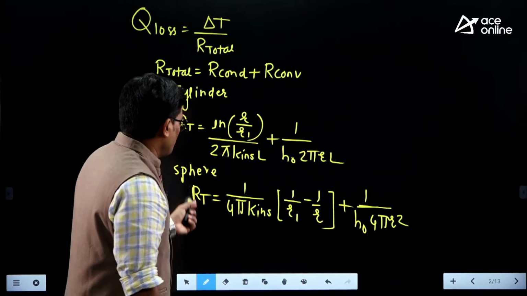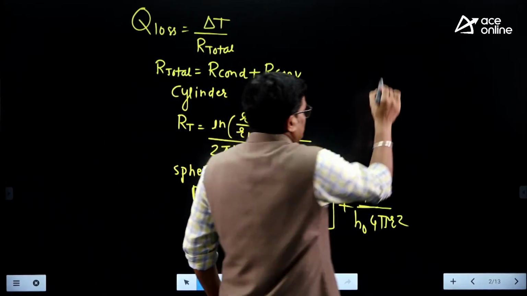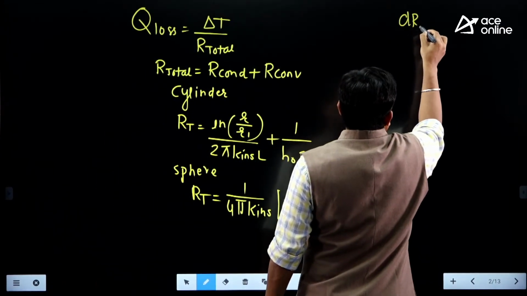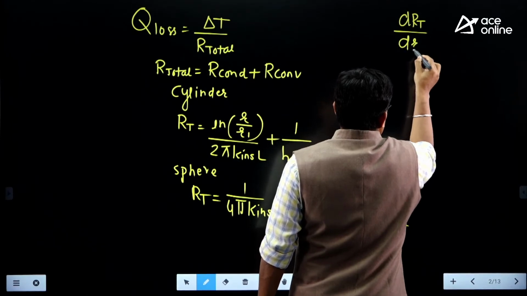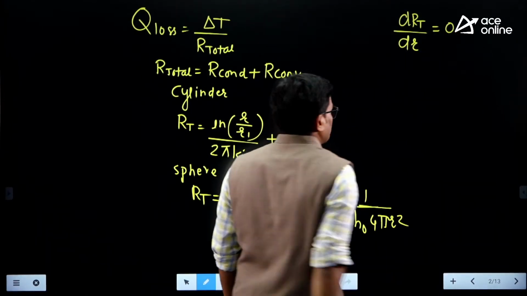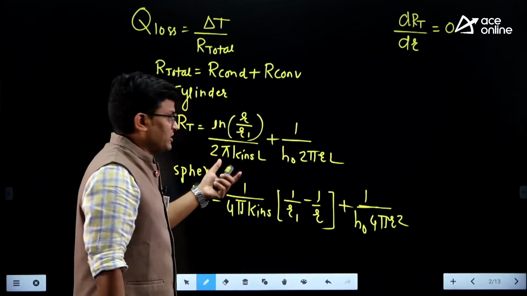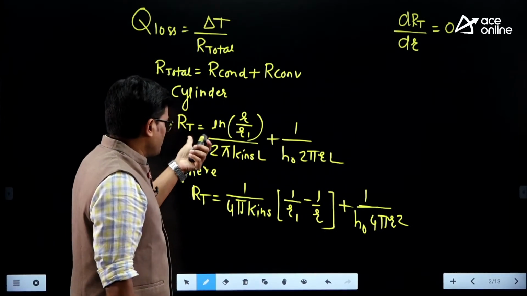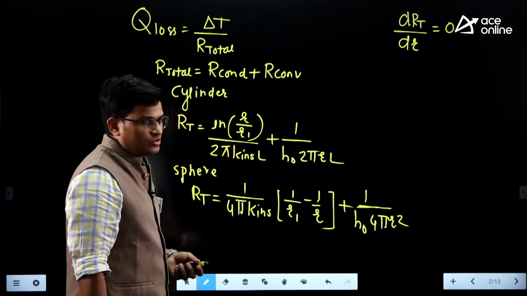Okay, so what you need to do is differentiate resistance with respect to dR and equate to 0. The derivation I am leaving up to you. So you need to differentiate with respect to R and equate to 0.